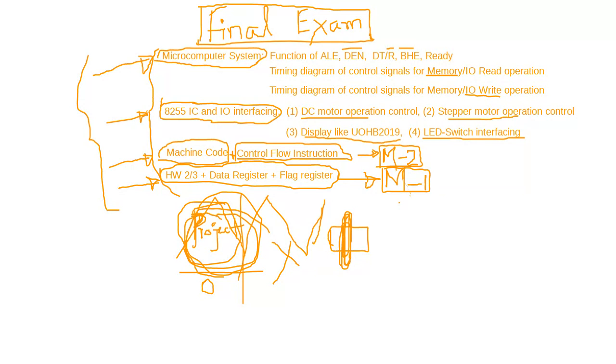About the final, I already discussed it here: microcomputer system, 8255 IC and input output interfacing, machine code plus control flow instructions, homework 2 and 3. That one is about Dr. Hussam; it's not about here.